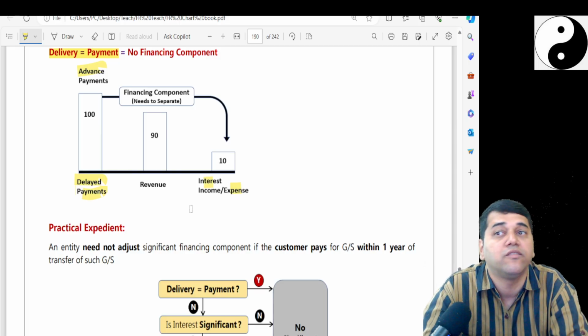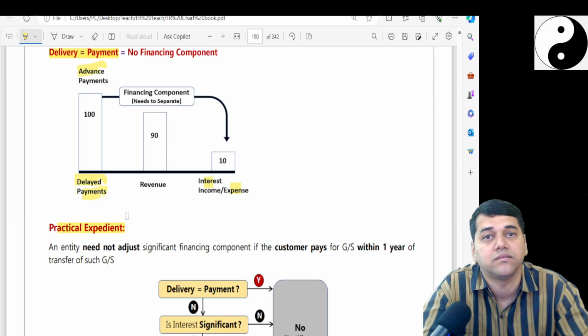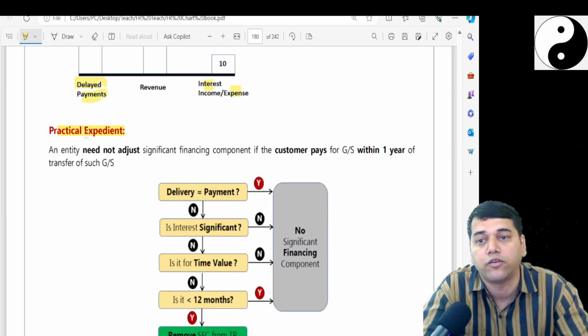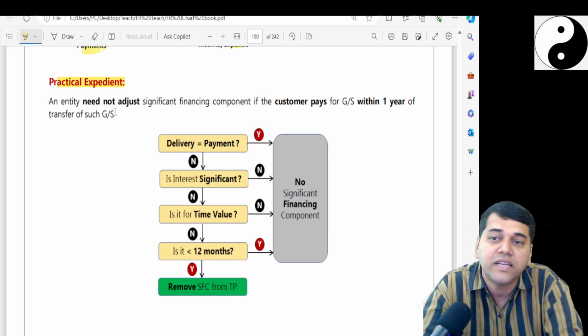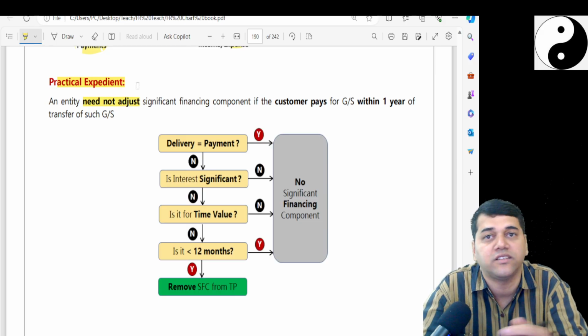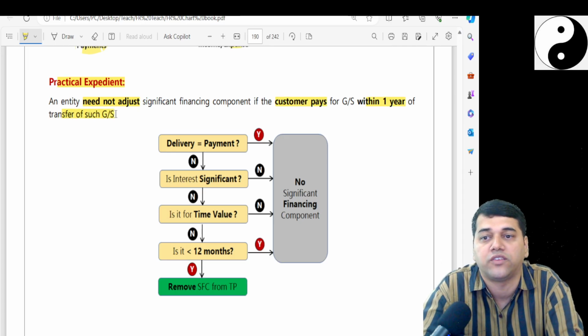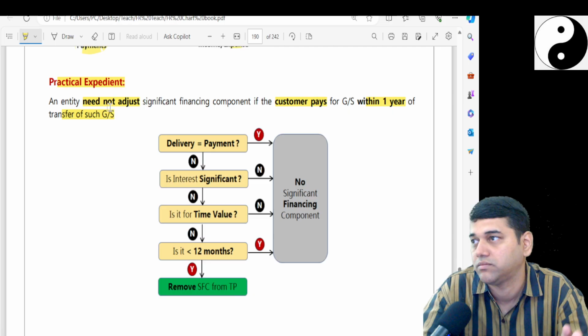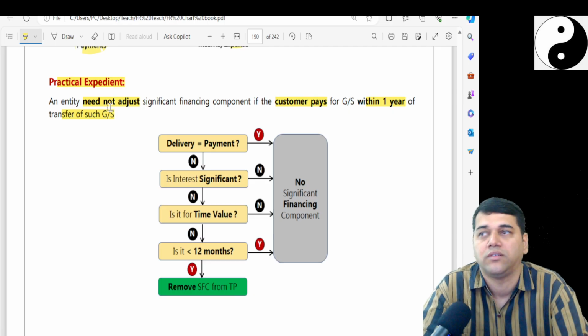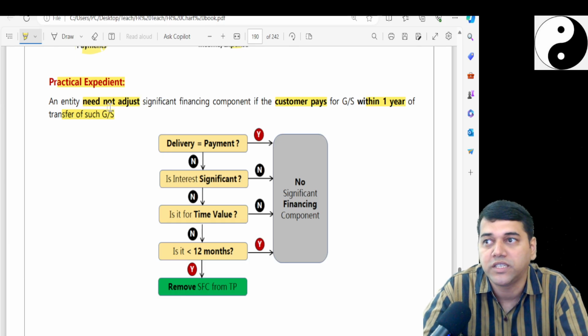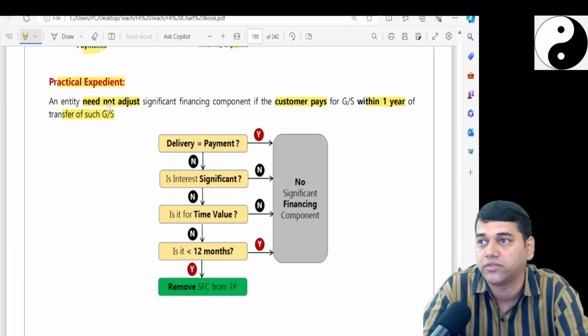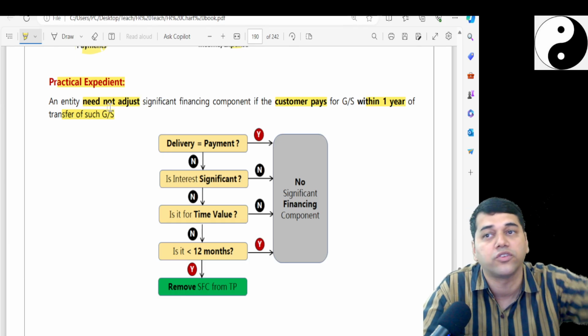Now the standard has given one practical expedient for the accountant's benefit. They say the entity need not adjust the significant financing component if the customer pays within 1 year of transfer of such goods and services. Generally you calculate the significant financing component by discounting the cash flows, for what is paid after 2 or 3 years.